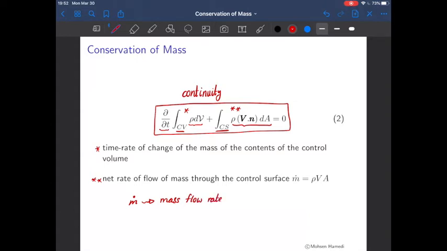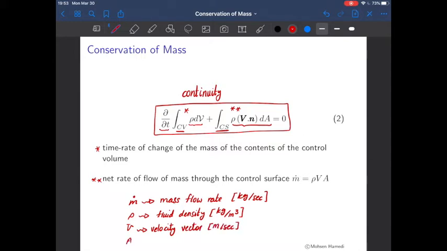which has a dimension of kilogram over seconds. Rho is the density of the fluid and has the dimensions of kilogram over cubic meter, and V is the velocity vector, which has a dimension of meter over second, and A is the area, which has a dimension of squared meter.